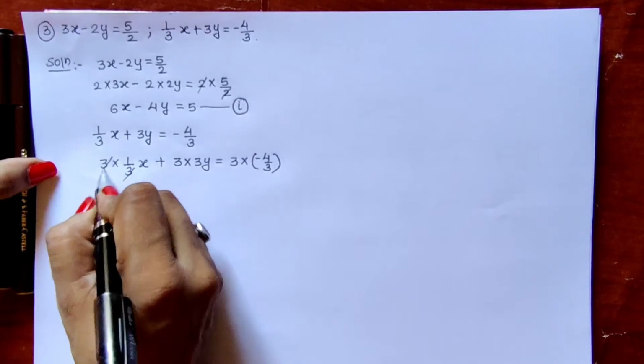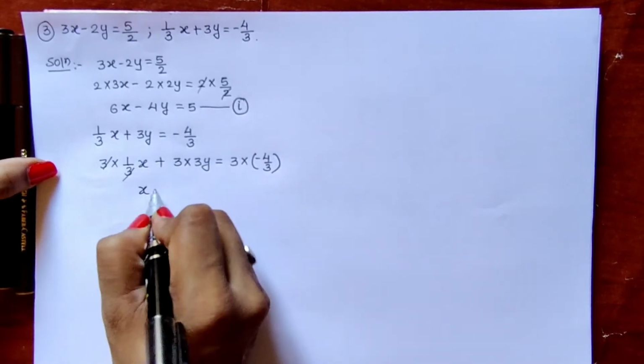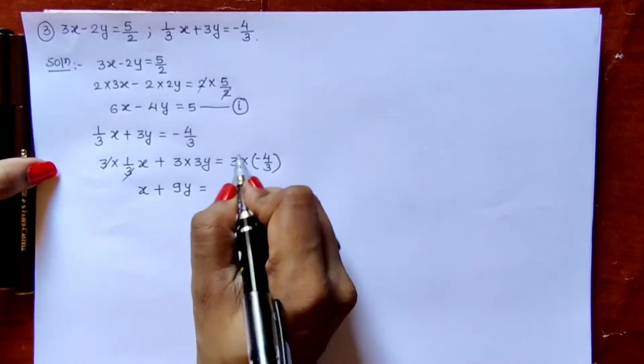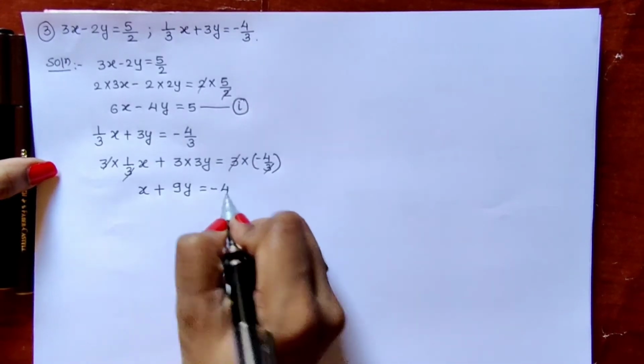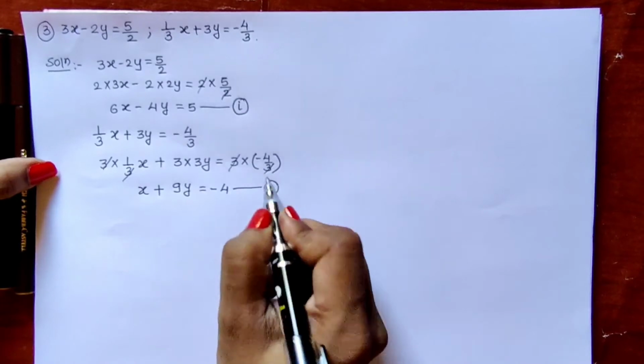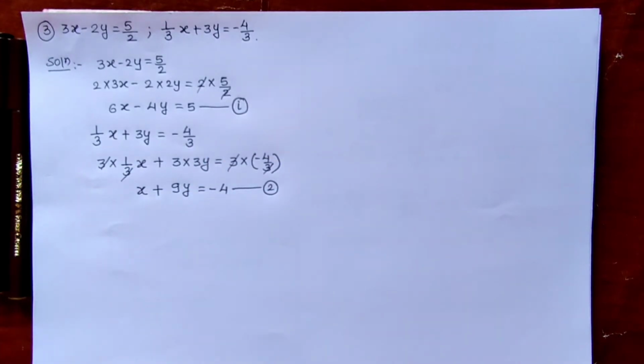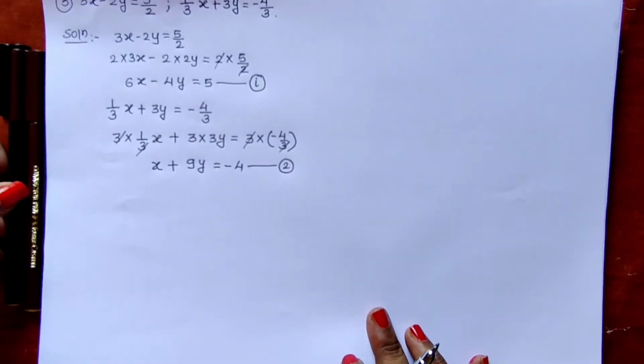So here 3 cancelled, 1 into x will be x only. 3 3s are 9y. Here 3 cancelled, it will be minus 4. So this will be our equation number 2. Now you can see equations 1 and 2 we are getting in proper format, and then we can use Cramer's rule. So using Cramer's rule now.